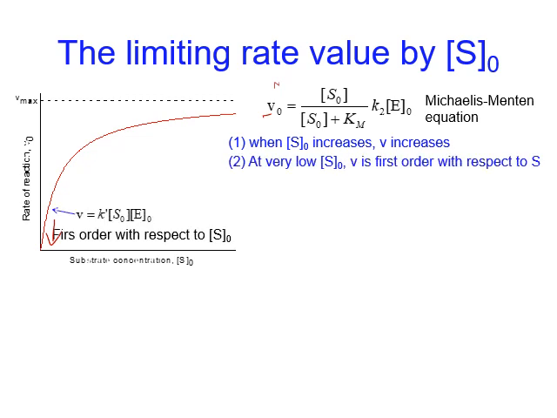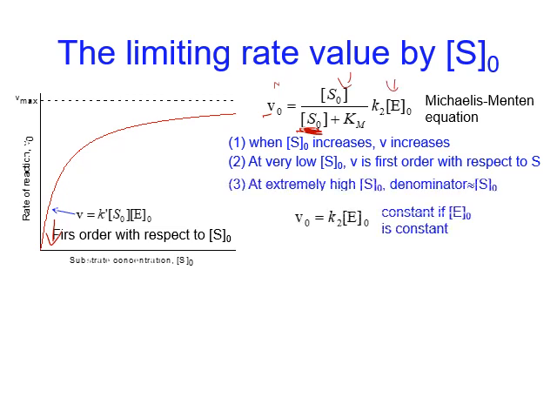If we look at the Michaelis-Menten equation, when S naught is small, this term can be omitted, so the reaction becomes first order with S naught, first order with E naught.